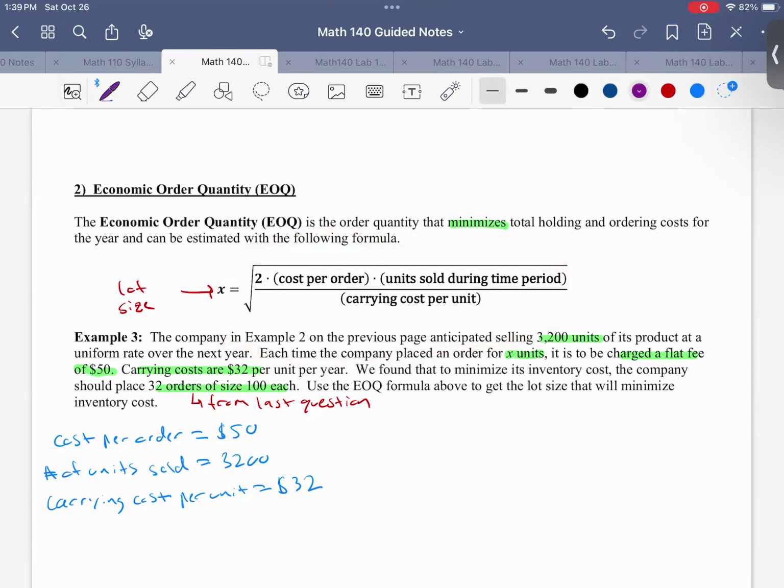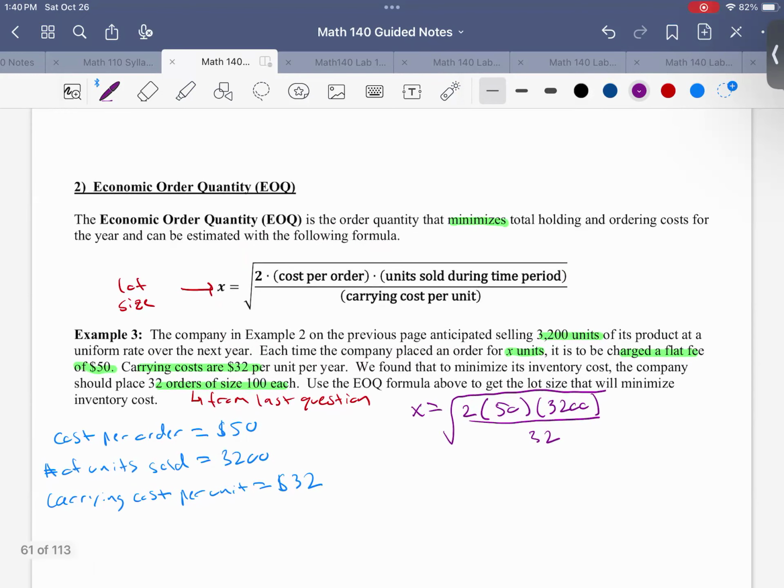So what we'll have here is X equals the square root of 2 times the cost per order, 50, times the number of units sold, 3,200, divided by the carrying cost, 32. Let's go ahead and simplify this. This becomes the square root of 100 times 3,200 over 32.